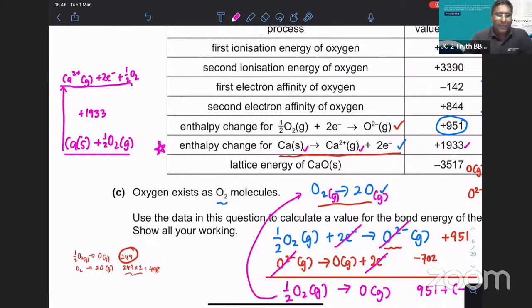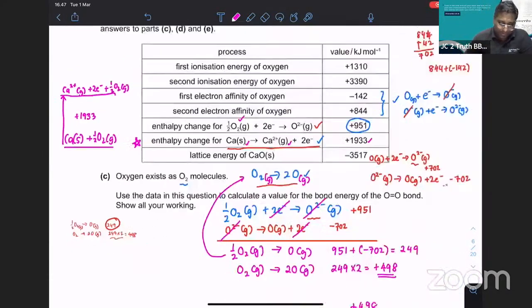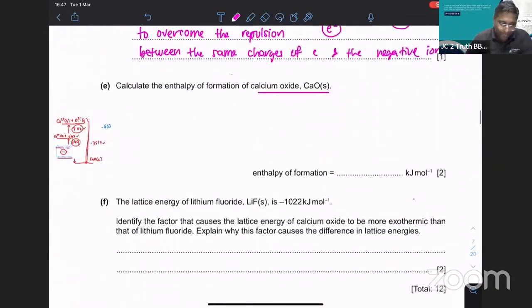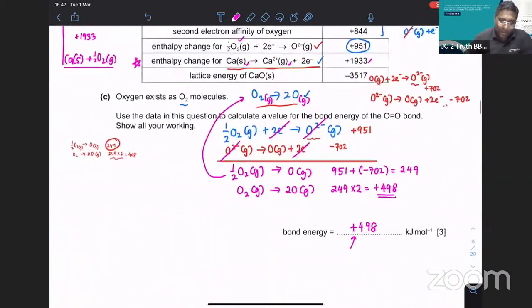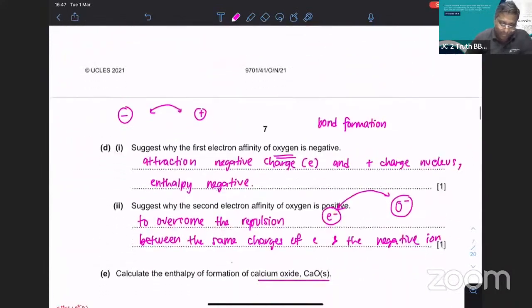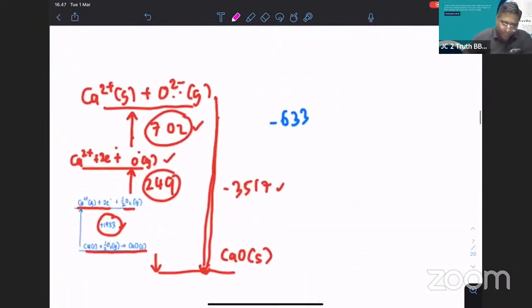So now, we have calculated up to the gas, and the half O2, you can atomize them. Then after that, you can also do electron affinity, and so on. But what they have done, they have even bypassed that step.